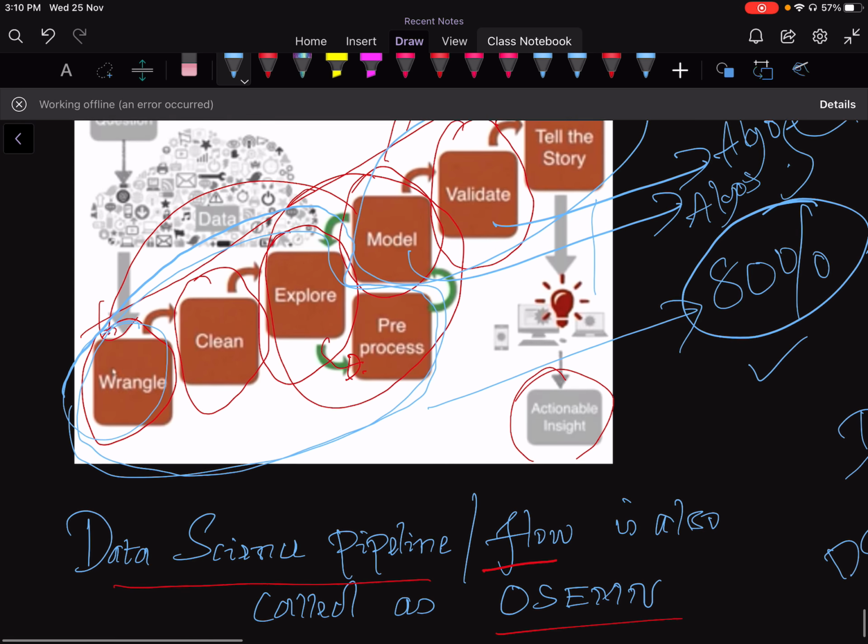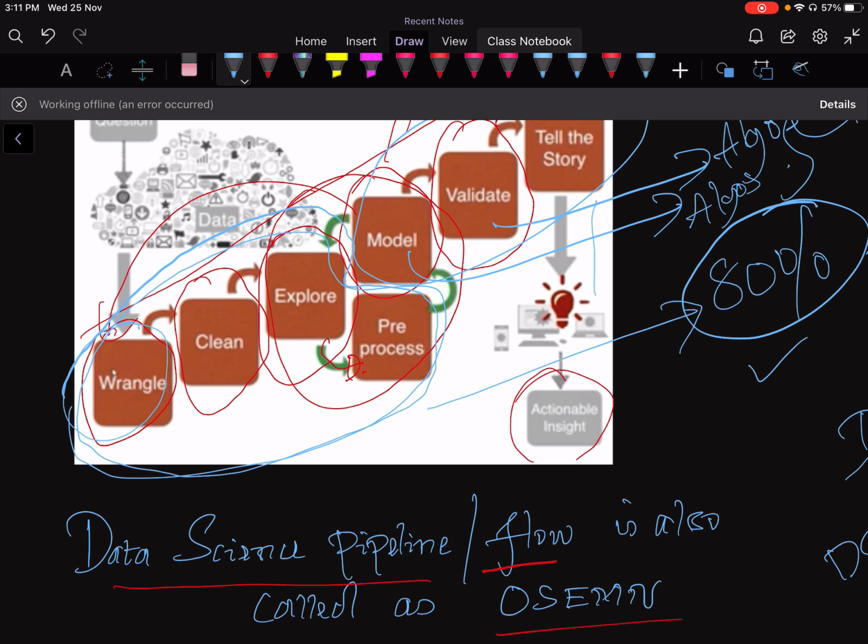These are some of the things you may have to do within this 80 percent of the work. Once you do that, you can do an exploration. The exploration is about studying the different kinds of variables. What is the range? What is the relation between the other attributes? Is there some kind of correlation between any two or three attributes?